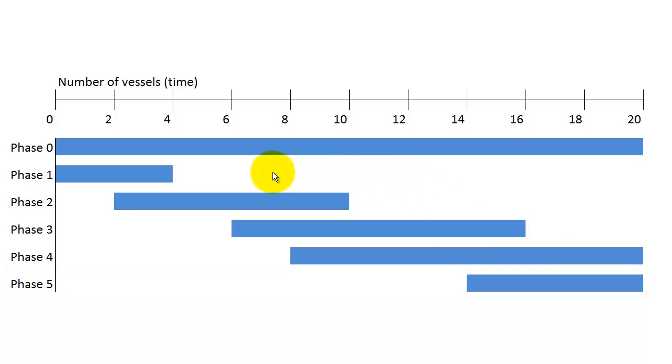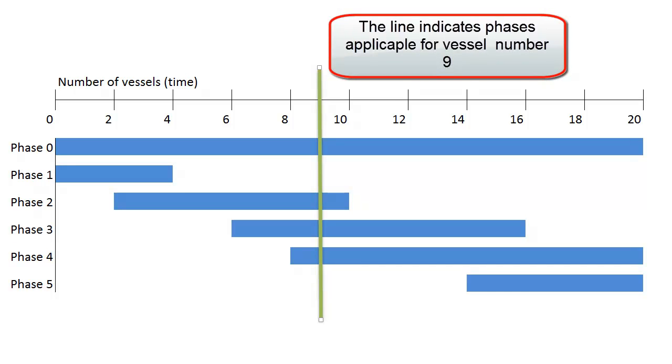Now the way we're thinking is that we combine all of these weight items in one project and tag items to phases, and then if we want to know, let's say, the weight of vessel number 9, we slice through the database at time or vessel number 9 and only add up the items that are tagged to phases or modifications that are valid for that vessel or that time.